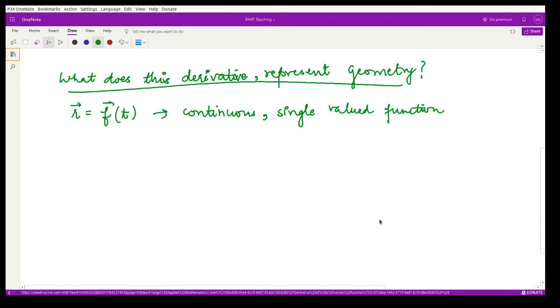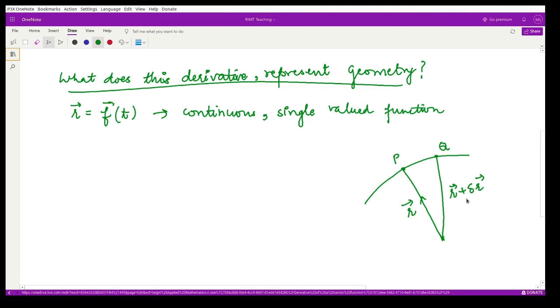Now if I define some curve like this, the function r equal to f of t, and on this curve I take two points, one is point P, another is point Q. From the origin I define the position vector of the point P as the vector r, and for the point Q I define the vector to be r vector plus delta r vector.